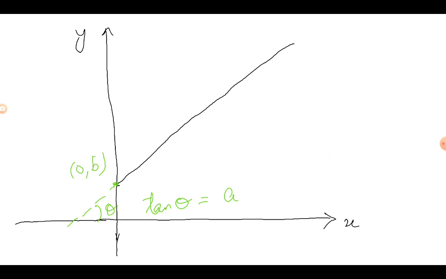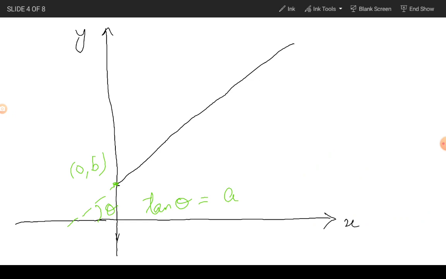So here is a line that I have drawn on the xy coordinate plane. It is a straight line. I am saying that this is y equals ax plus b. Now, the slope is a measure of the angle that the straight line makes with the x-axis, in the positive direction.